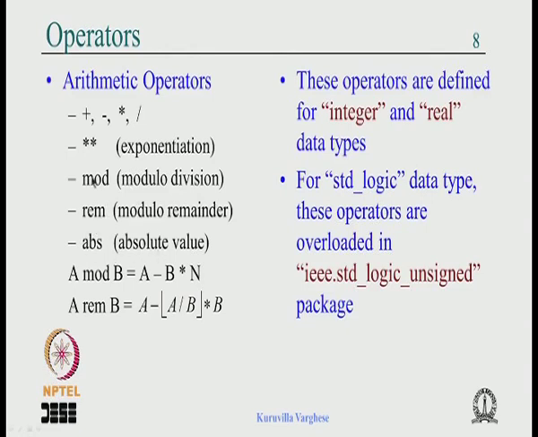There is a little confusion with this terminology, as mod is different from the computer science mod. The mod definition is A mod B is A minus B times N. Suppose you say 13 mod 3, that means 13 minus 3 into 4, which is 12, the highest number you can put before it crosses over, then you get 1.